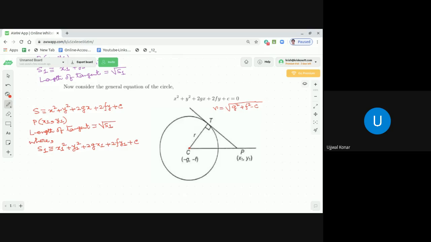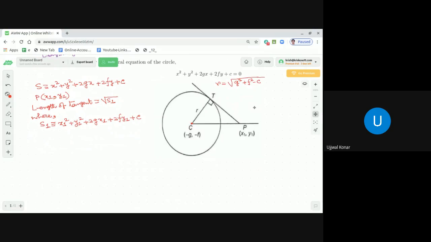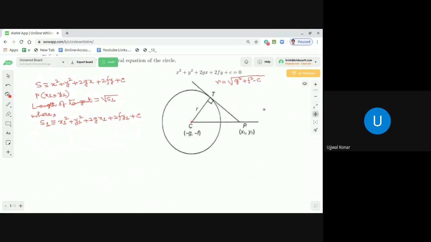Now let's prove it. How are we going to get this? Length of tangent is equal to square root of x1 square plus y1 square plus 2gx1 plus 2fy1 plus c. Here also we apply the same concept, the Pythagoras theorem. As you see, the triangle CPT is a right angle triangle.